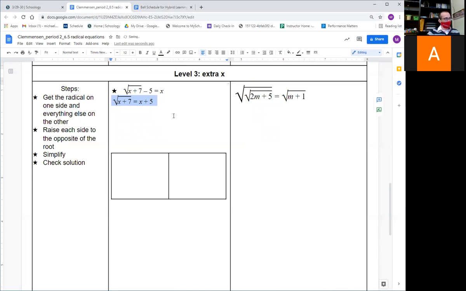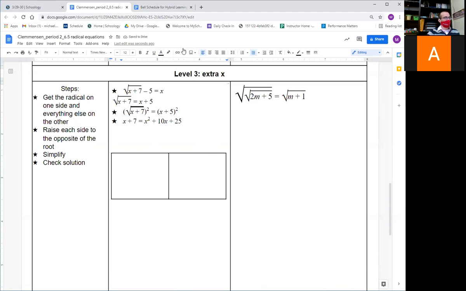Now, just like we did before, we're going to raise each one to the opposite power, which is the squared power. Opposite here, right here and here. When I simplify this, this just becomes x plus 7 on this left side. This becomes x squared plus 10x plus 25.